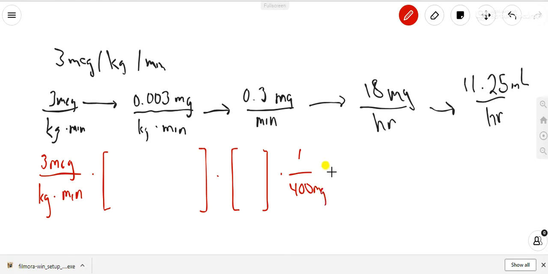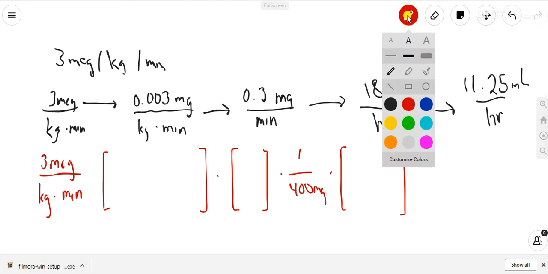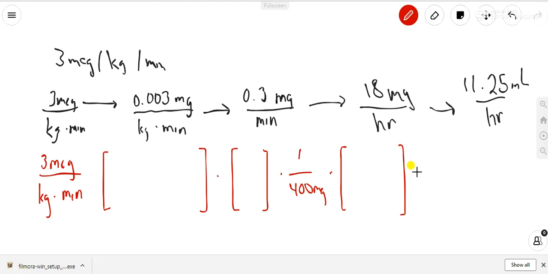Then I'm going to multiply that by some conversion factors because we're going to have to get all of our units into the same thing. And then I need to multiply that amount by the vehicle that carries the medicine.